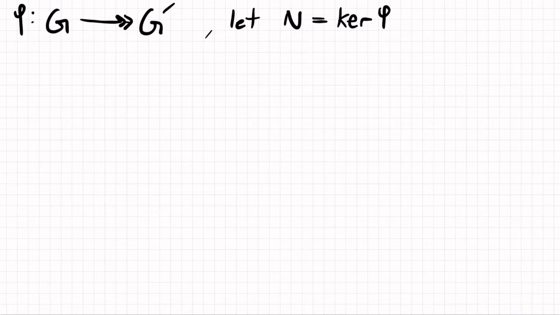So that means that n in particular is going to be a normal subgroup of G. And because n is a normal subgroup, we can form the quotient group, G mod n.